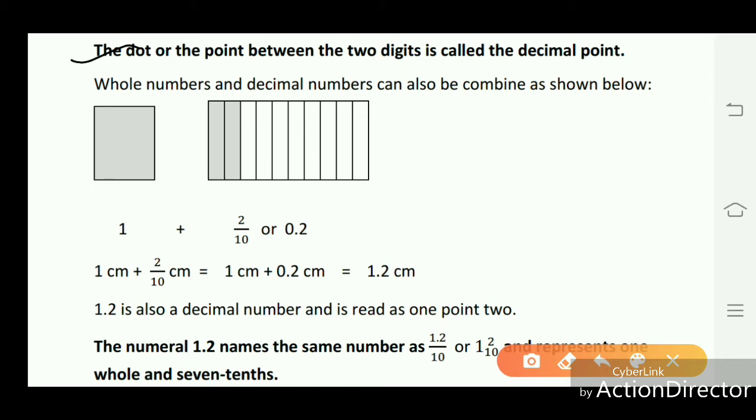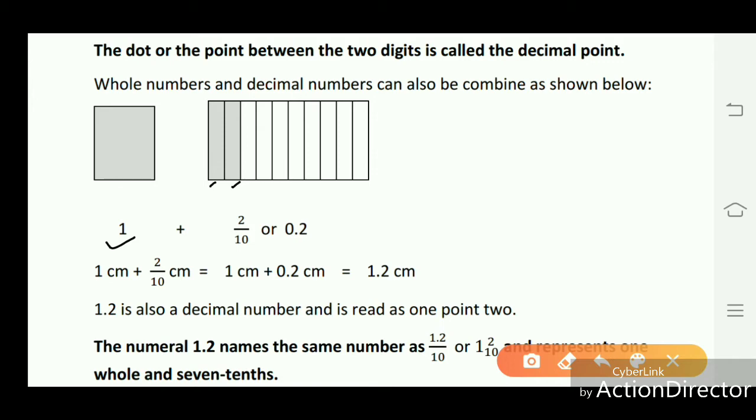Like here we take one whole box, and here we divide this box into 10 equal parts and color 2 equal parts. So here we add 1 whole plus 2 upon 10 or 0.2.